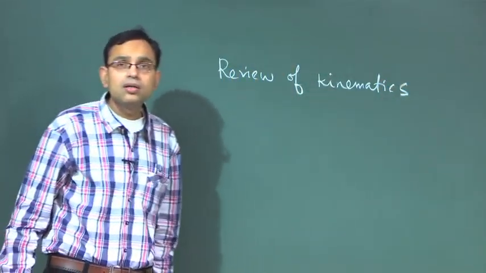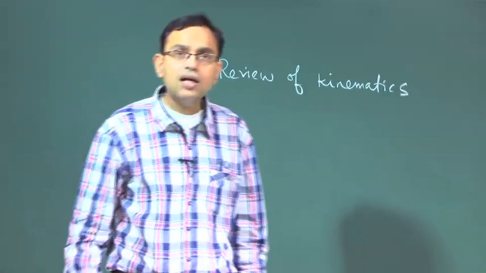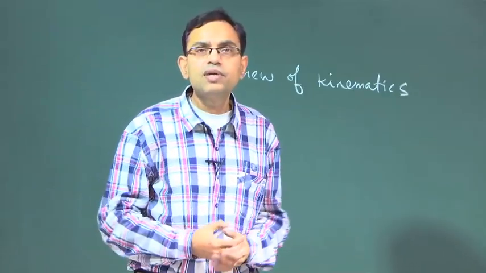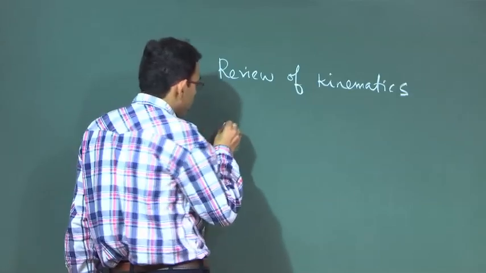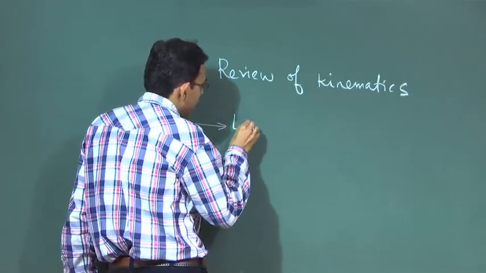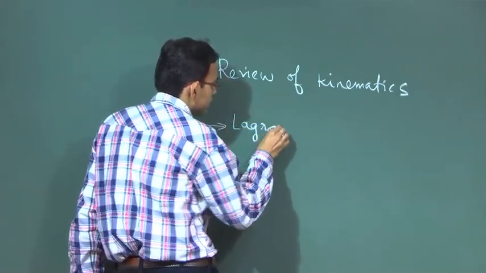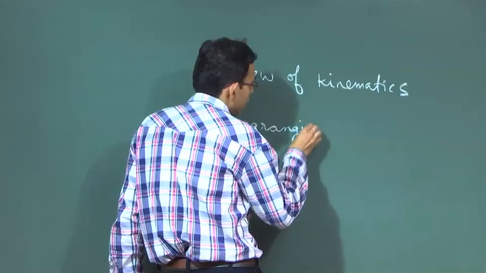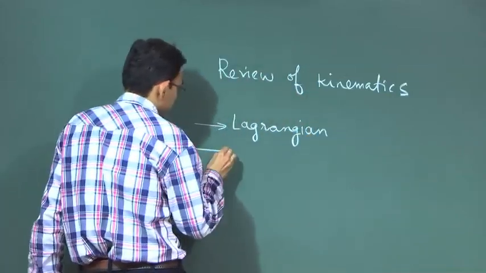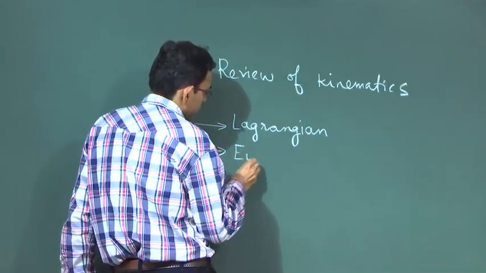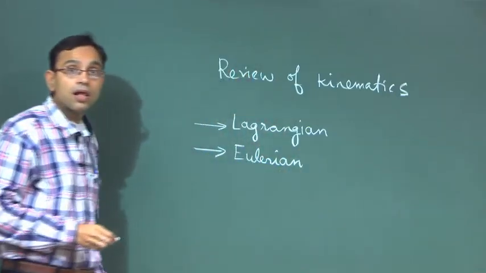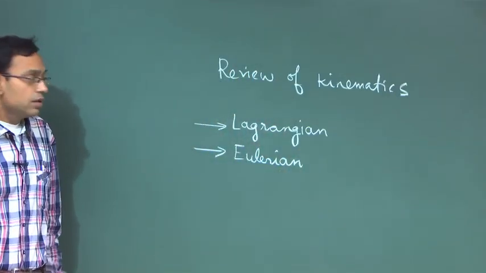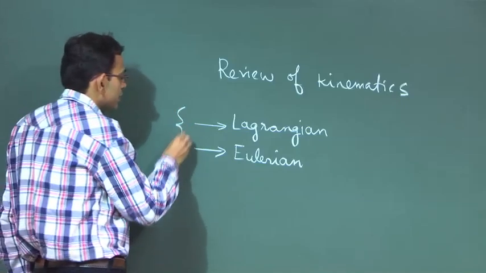Now, as I told, there are different ways of describing motion, and two of those: one is Lagrangian, another is Eulerian. So this is description of motion.